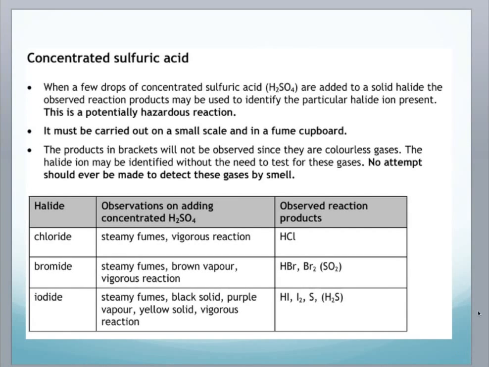For the observations, if you have a chloride, you will see steamy fumes of HCl, and it'll be quite a vigorous reaction. With a bromide, again, you'll also have steamy fumes, brown vapor, and again, it's a vigorous reaction. With iodide, you'll have again steamy fumes, and you can also have a black solid, purple vapor, yellow solid, vigorous reaction, and so on. So these are the products that you should be seeing.